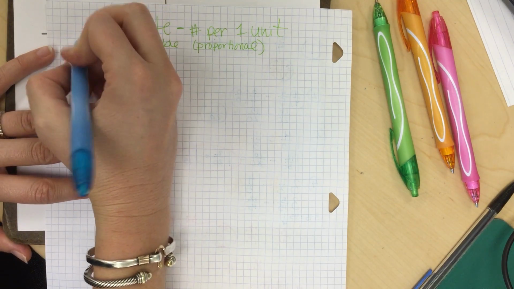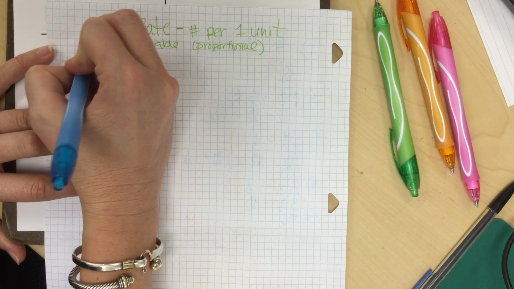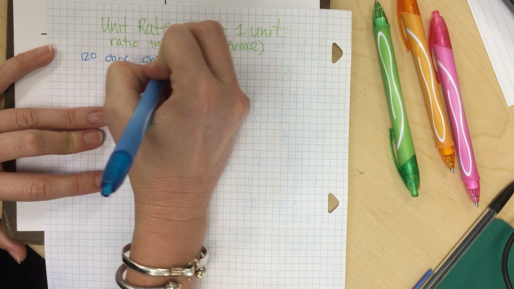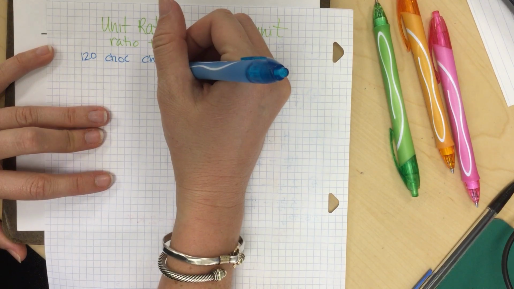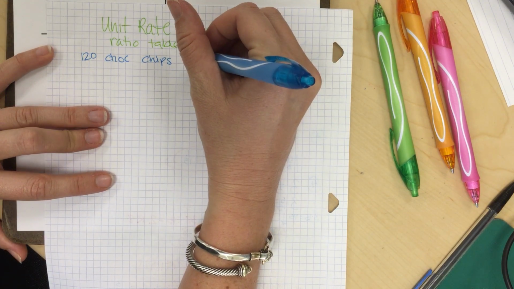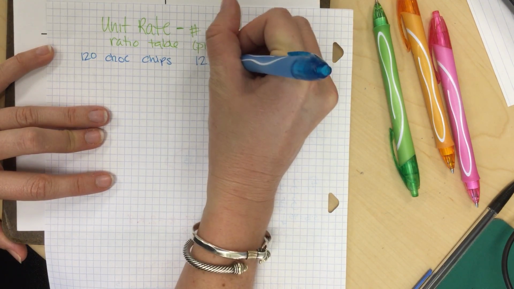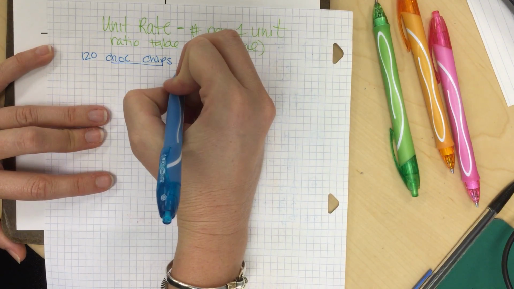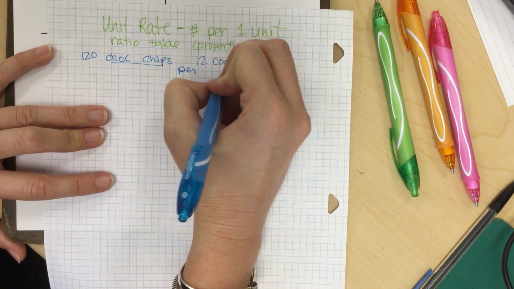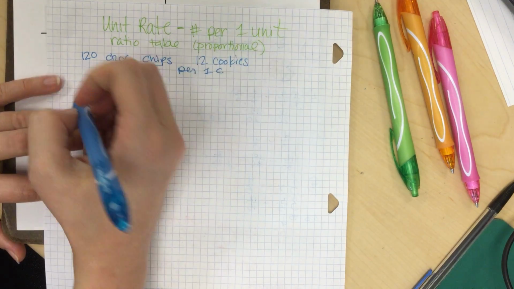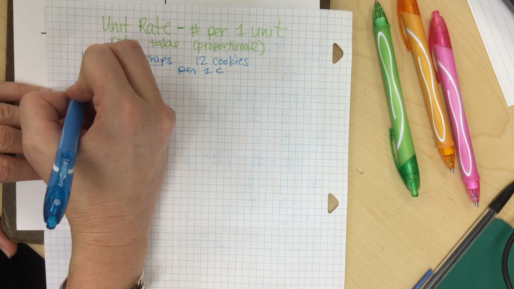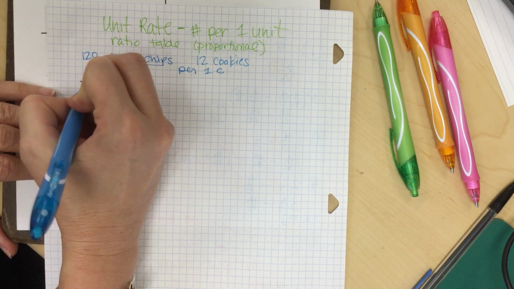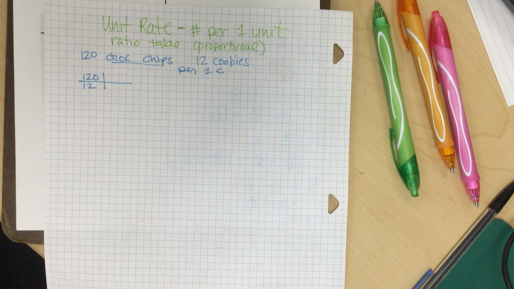If I bake cookies and I use 120 chocolate chips, and I use those 120 chocolate chips to bake 12 cookies, I want to know the number of chocolate chips per 1 cookie. So I'm going to set that up as 120 chocolate chips per 12 cookies.